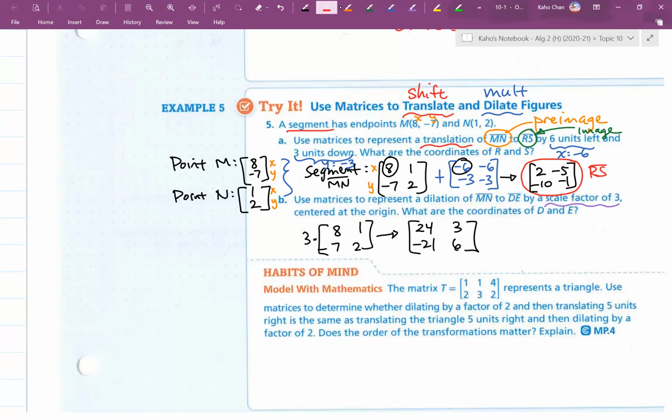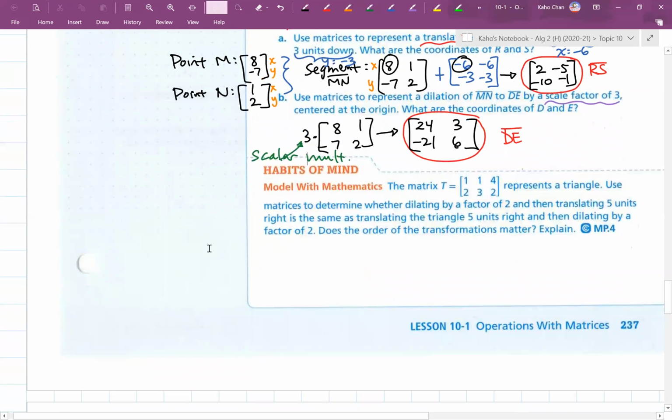And that, ladies and gentlemen, is just a new segment. It just happens to be bigger, segment DE. And that's, of course, our scalar multiplier. Yay.